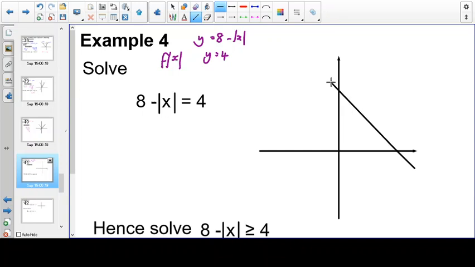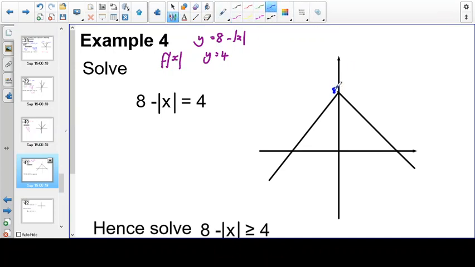Okay, but as soon as it hits the y-axis, it has to reflect. Remember these ones only exist where x is positive in terms of the usual graph, then all of that gets reflected into the y-axis. That's the point 8 there. y equals 4 looks like that.